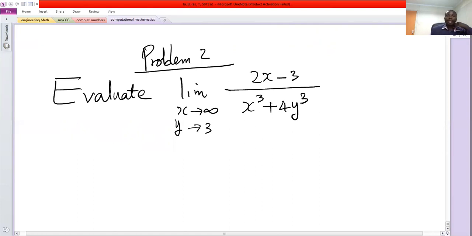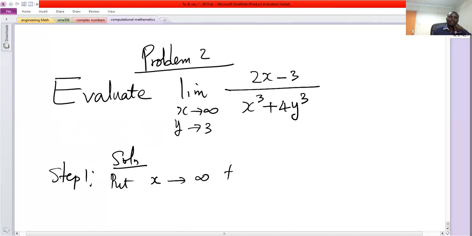So this is also still a two-step problem because we are not approaching the origin. So solution, step 1, put x approaches infinity, then y approaches 3.